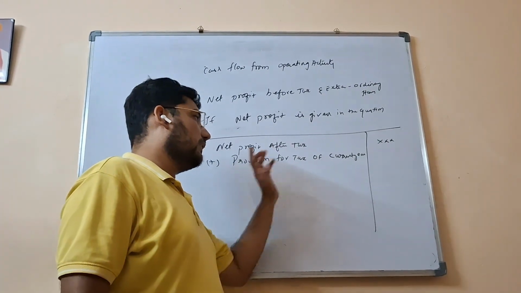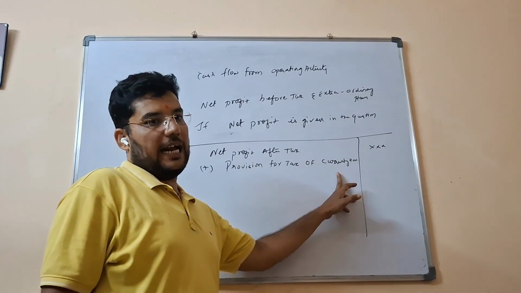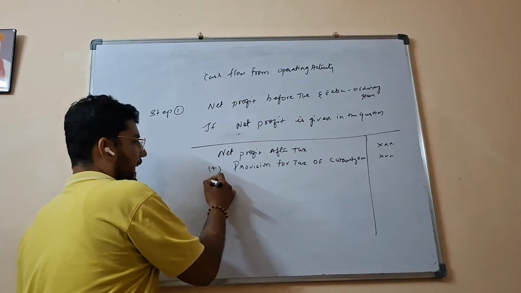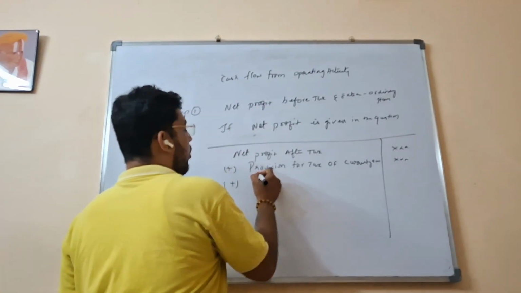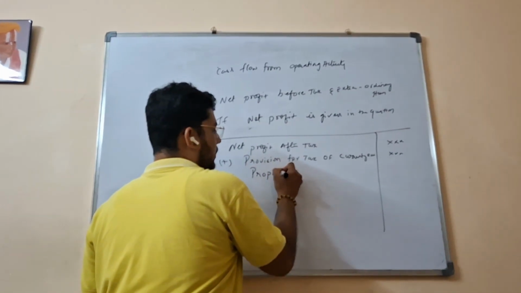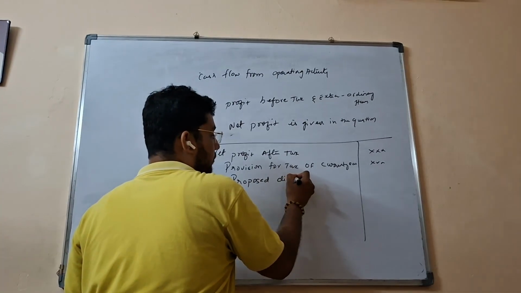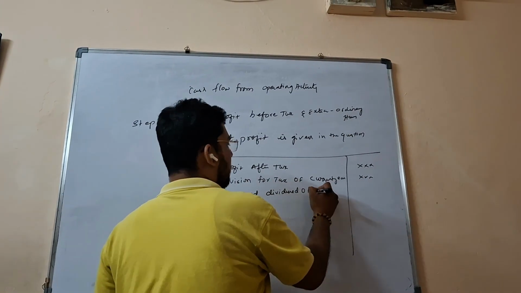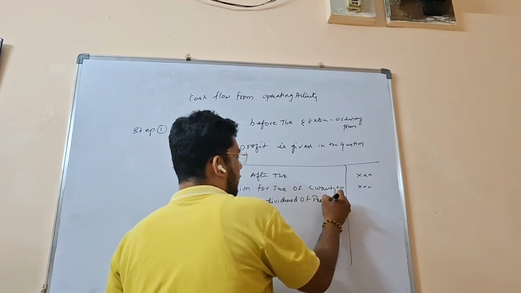Whatever provision is given, you are going to add that. Then you are going to add proposed dividend. Now which proposed dividend? Proposed dividend of previous year.